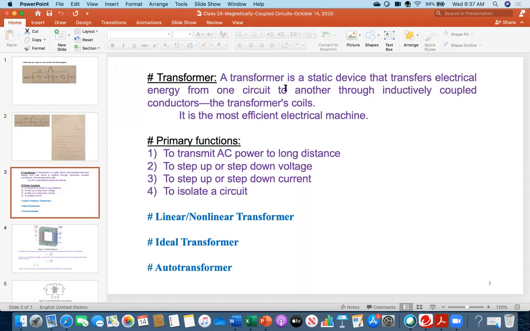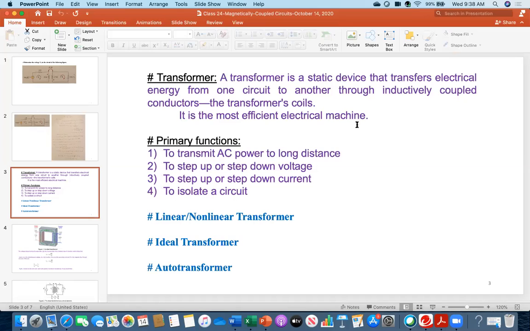A transformer is a static device that transfers electrical energy from one circuit to another through inductively coupled conductors, the transformer coils. This means the same principle as the magnetically coupled circuit. And as I said, it is the most efficient electrical machine.